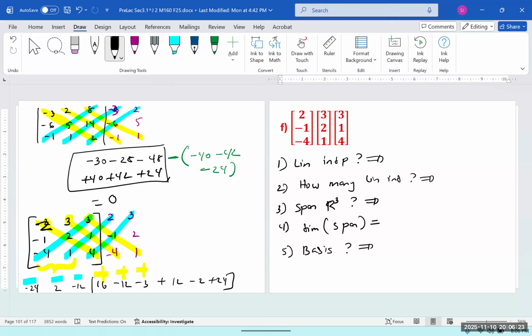And then you combine all the results. +12 minus 12 cancel. It's definitely not 0.